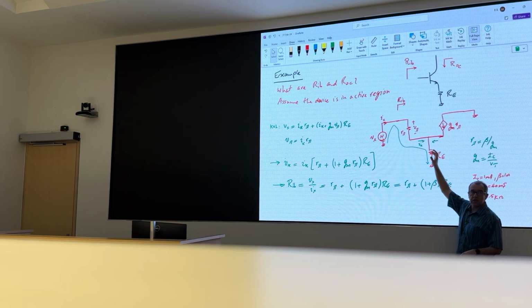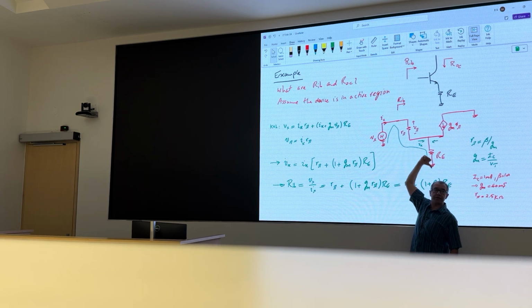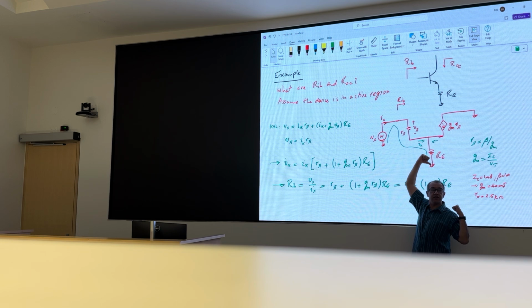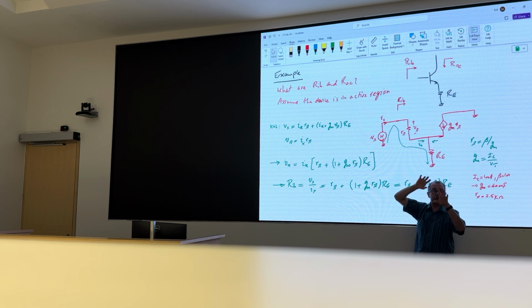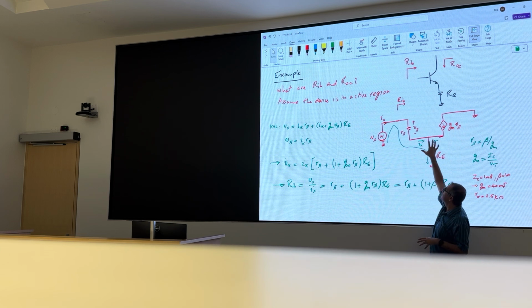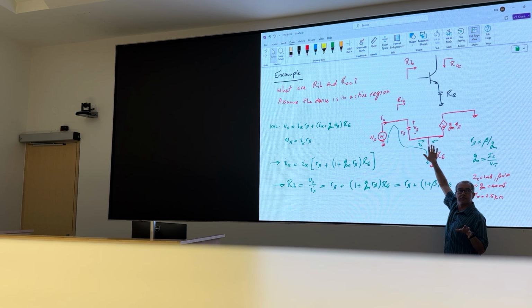Because what you draw from the source is IB. What you dump across RE is IE. You dump beta times more current through this RE than what you draw from the source. To your source, it's as if you have a beta times larger resistor here than you do.